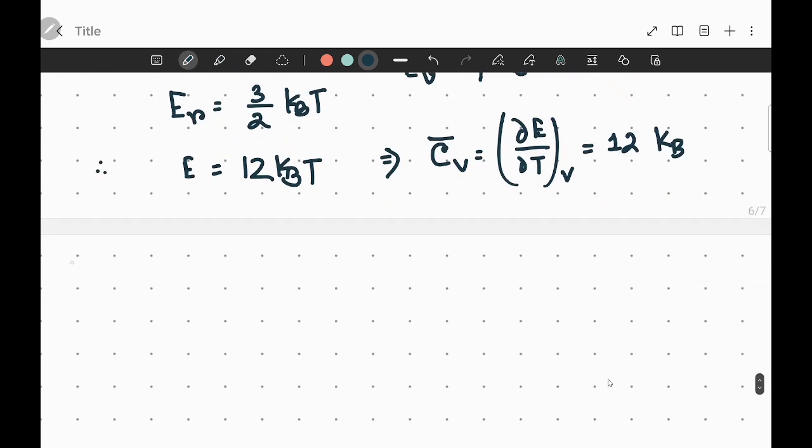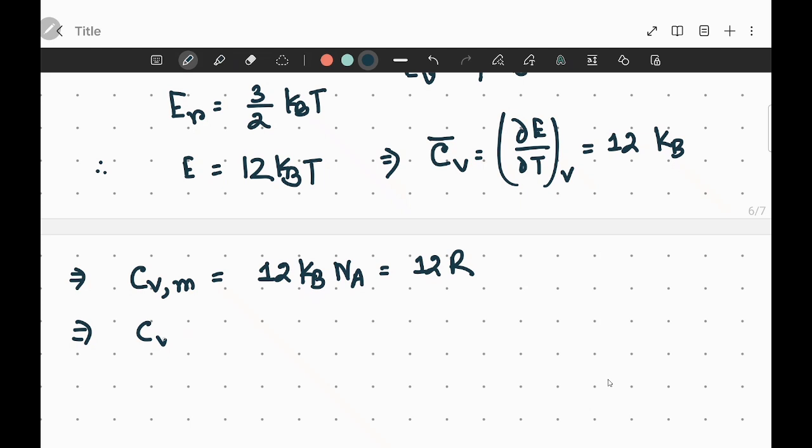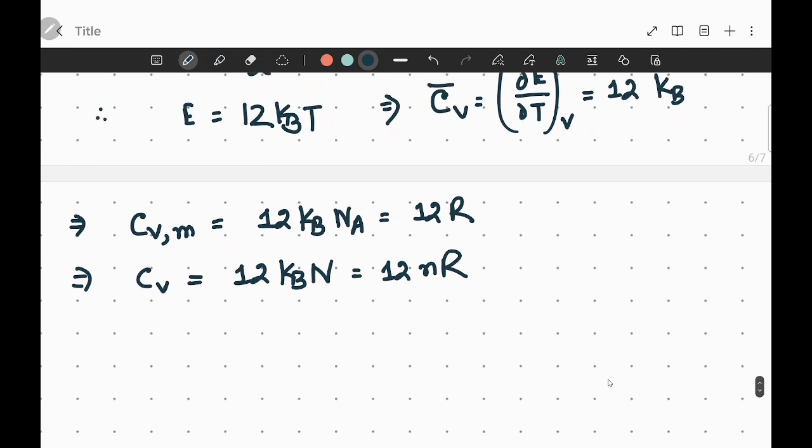Now if you calculate it for 1 mole of molecules, then it will be CVM, so you have to multiply by NA. So it is eventually 12 R. Or for any number of molecules, it will be 12 N kB, where N is the total number of molecules. You can also write it as 12 nR, where n is the number of moles.